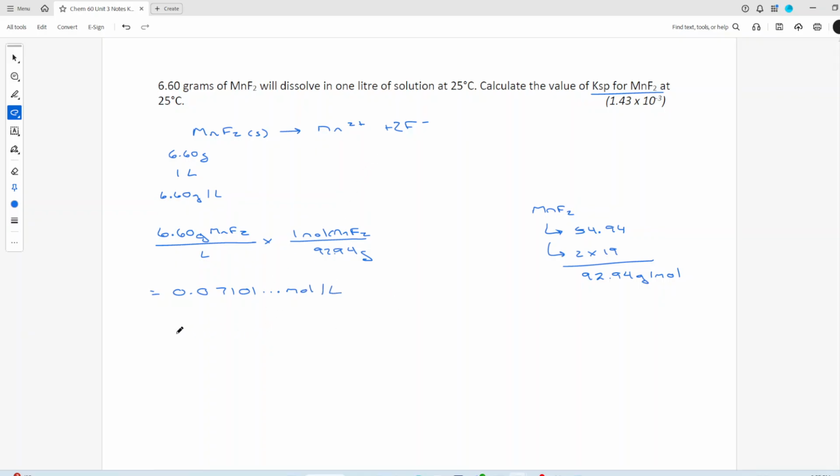Then what we'd want to do is find the concentration of the manganese, which is going to be equal, because it's in a 1-to-1 ratio. So it's going to be this 0.07101 moles per liter, and I would save this as A in my calculator.